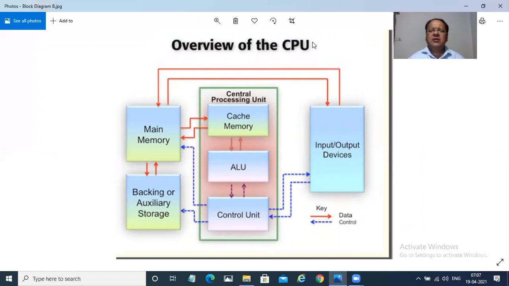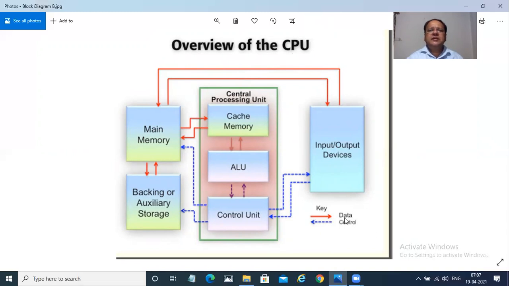We are not talking of output devices. We are only talking of the CPU. So please try to understand this particular part. So as you can see, these red color arrows are the data.